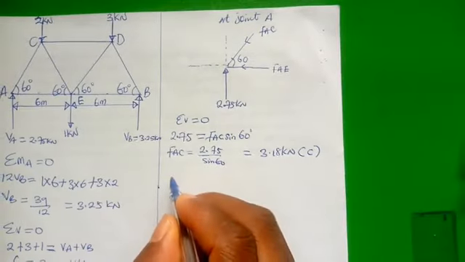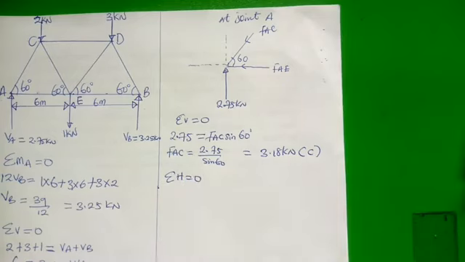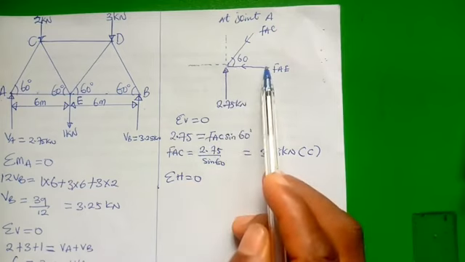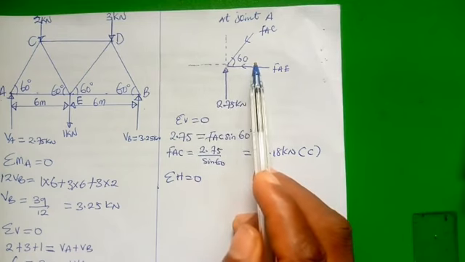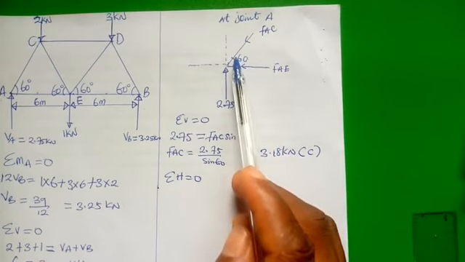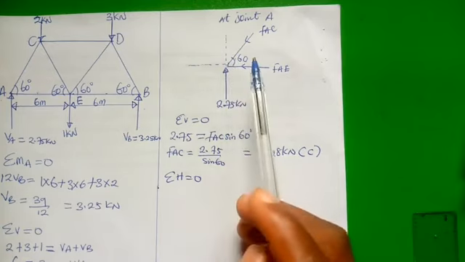We shall also resolve the horizontal forces. Like we did in the vertical forces, any force here that is not on the horizontal line will be resolved, and it's going to be the force multiplied with the cos of whichever angle it makes with this horizontal line.